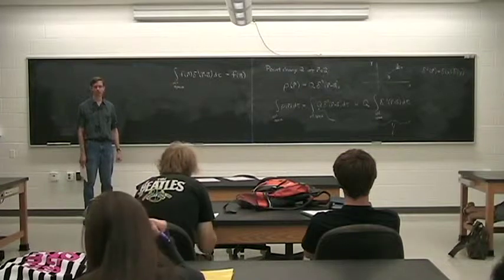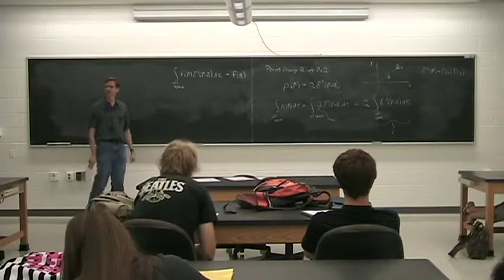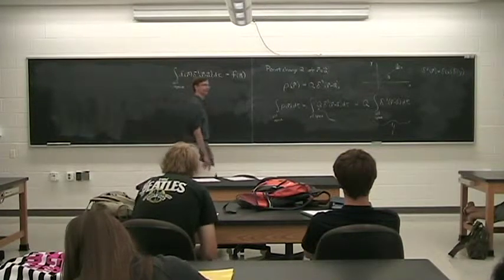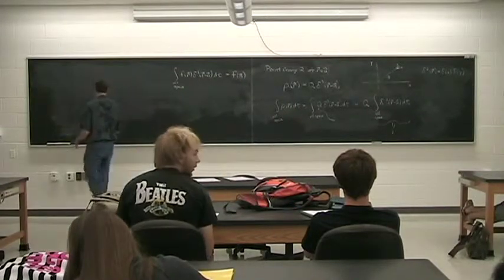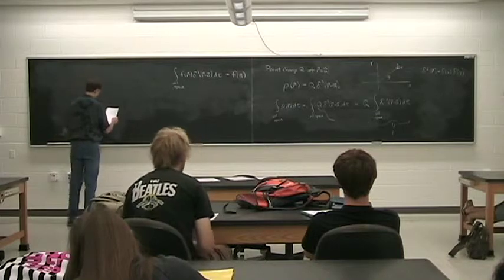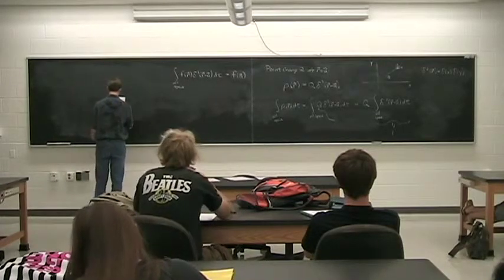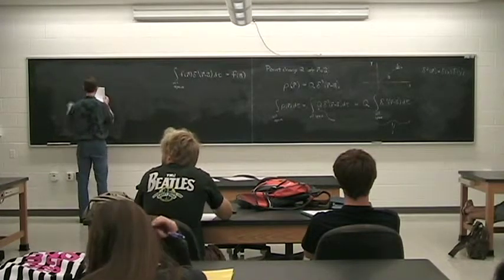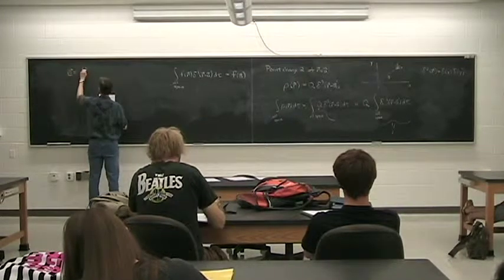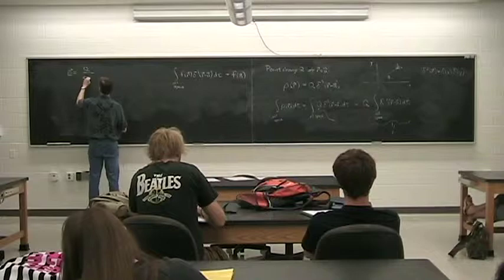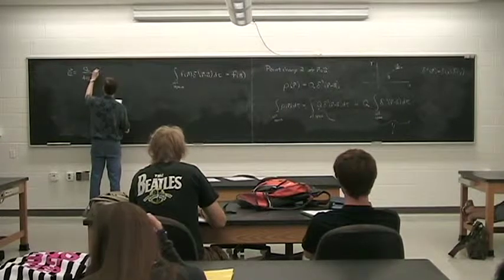Okay. Any other questions? All right. Then let's look at that divergence piece again. So we've got for our electric field of the point charge at the origin, q over 4 pi epsilon naught r squared r hat.